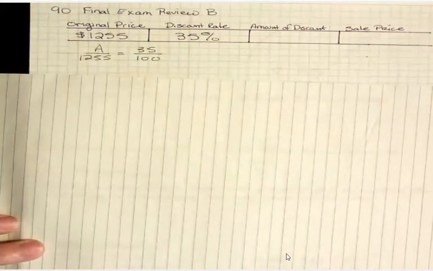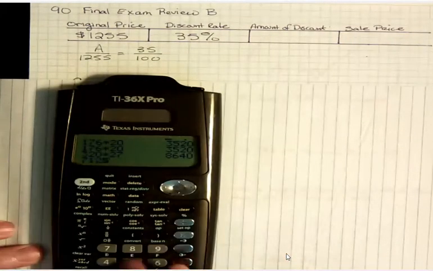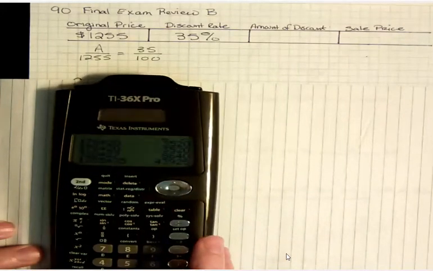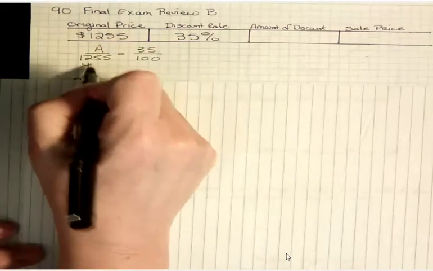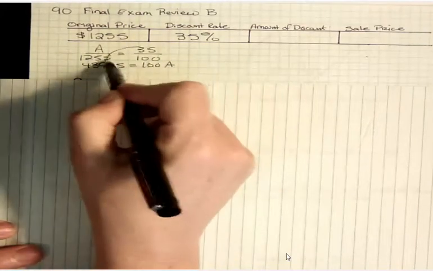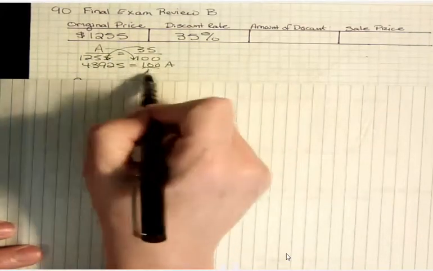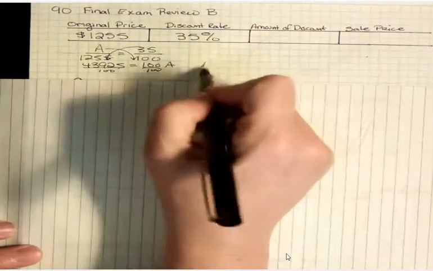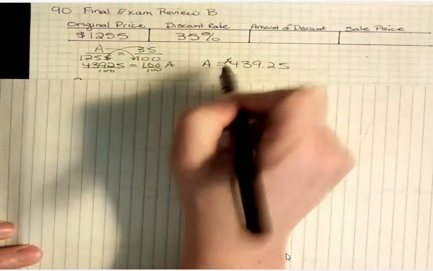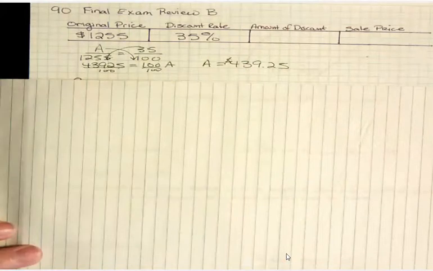So what I'm going to do is cross multiply 1255 times 35, and that's 43,925. And that equals 100A. That's cross multiplying in these two directions. And dividing by 100, we get A equals 439.25, $439.25. That's the amount of the discount.